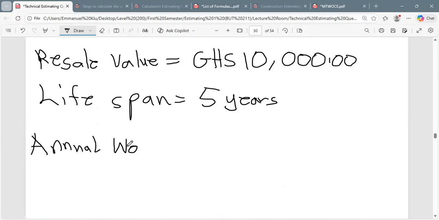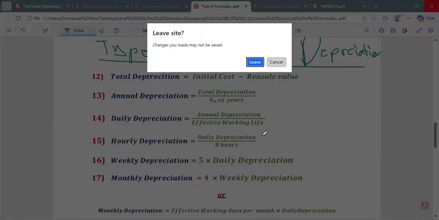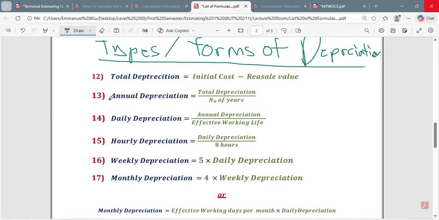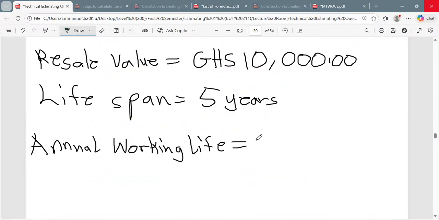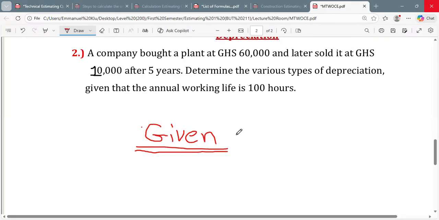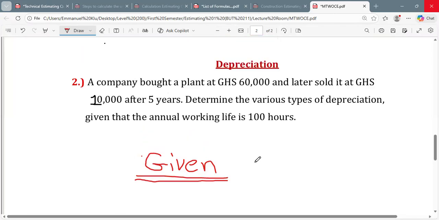In some cases, they can also call it effective working life. So don't get confused. So the annual working life is equal to 2,400, as you are seeing over here.